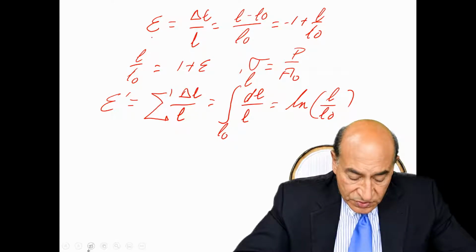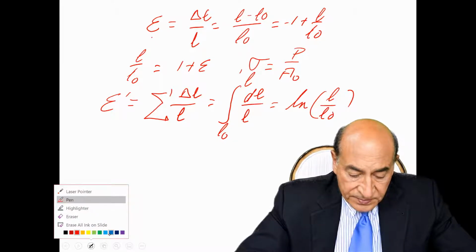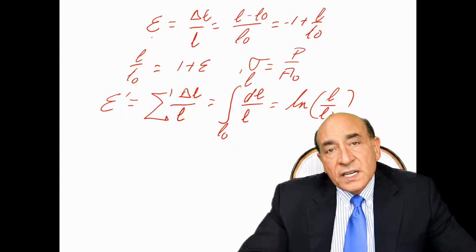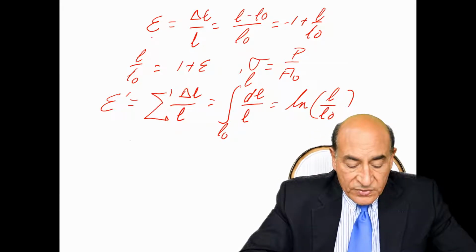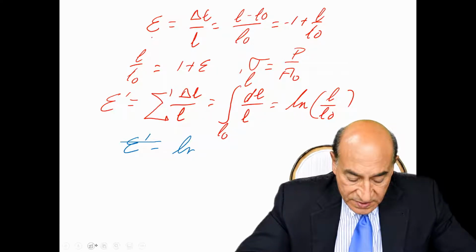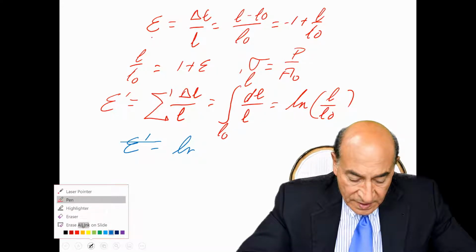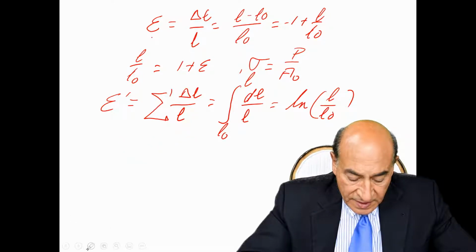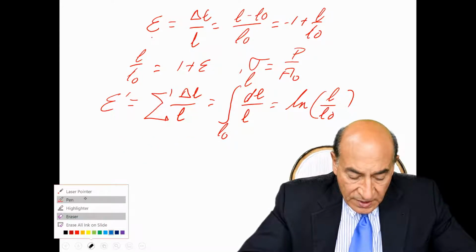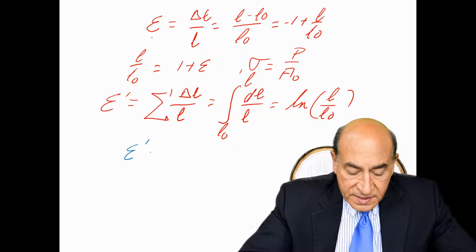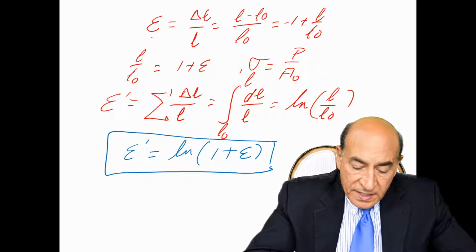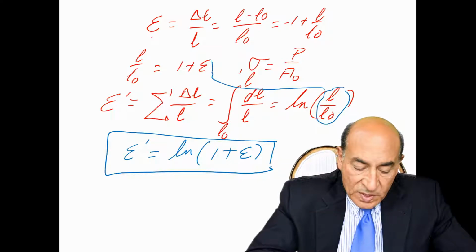Therefore, epsilon prime is equal to the natural log of 1 plus epsilon, because we found out that L over L0 is given as 1 plus epsilon.